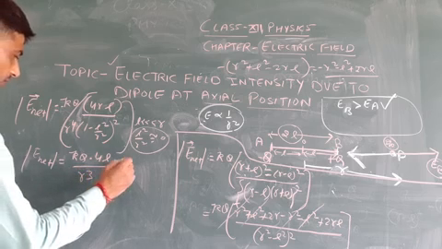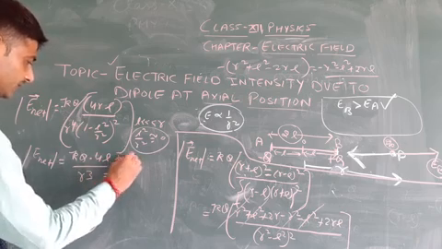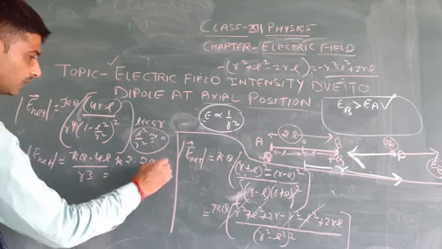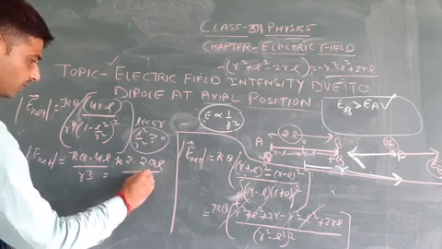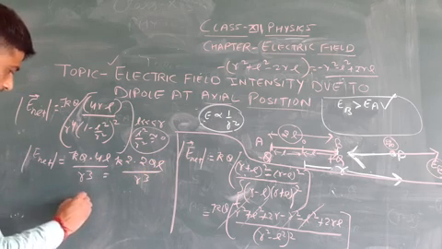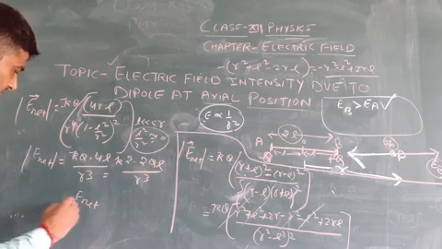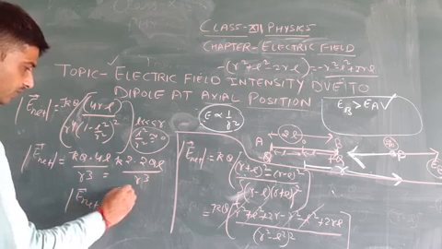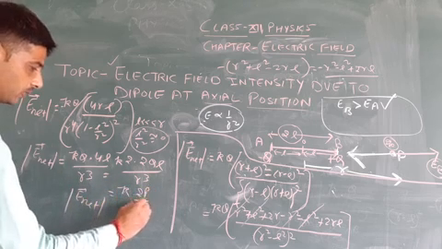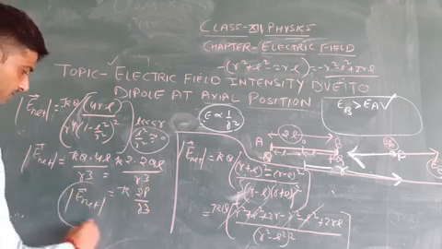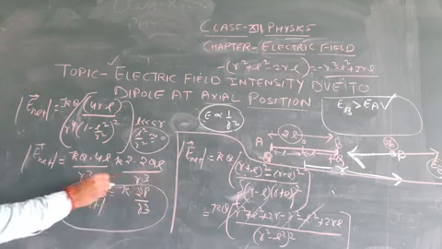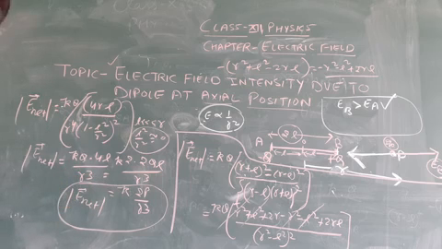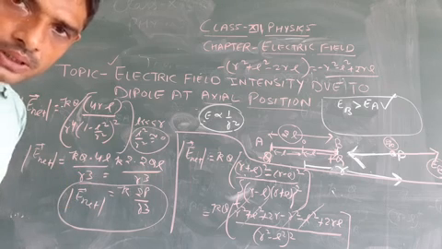So this is equal to K times 2 into 2QL upon R cube. So E net equals K 2P upon R cube. This is the formula for electric field intensity. Clear?